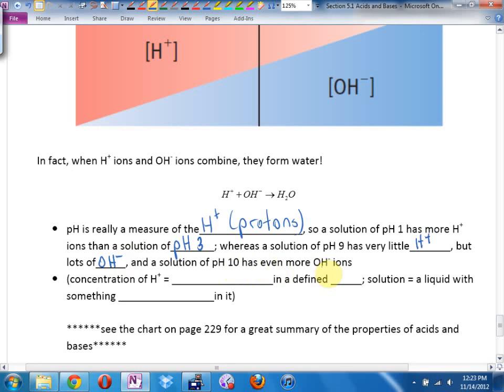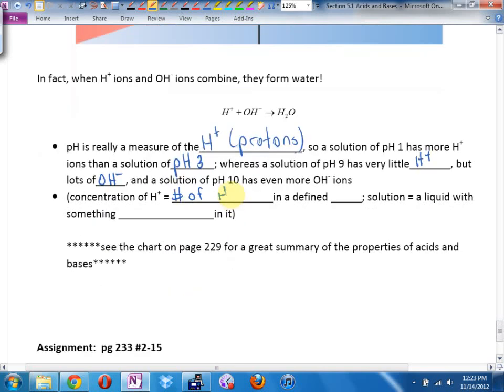Remember, concentration of H plus is the number of hydrogen ions in a defined volume. So we talked about the concentration. We're saying how many you got per liter. More concentrated, you got more hydrogen ions kicking around in that liter.